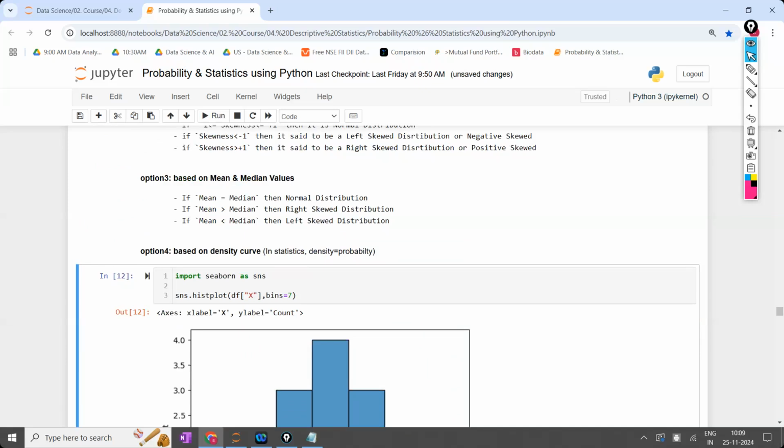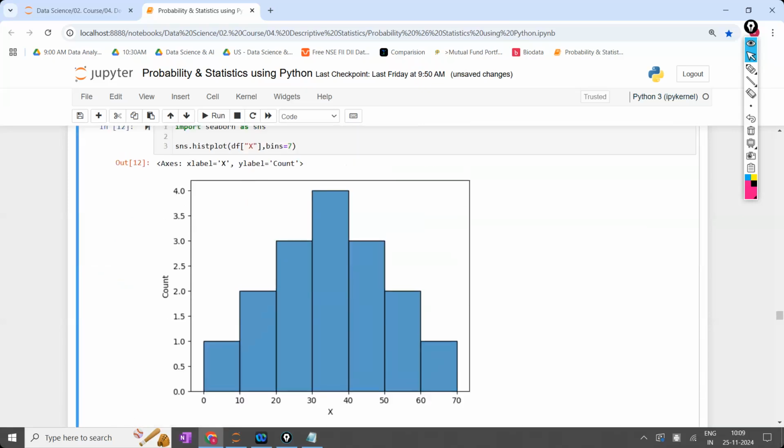Right? Now, based on the probability curve, also called the density curve, for this data this is the histogram. How to draw the probability curve, meaning how to calculate the probability values? We write stat is equal to probability.